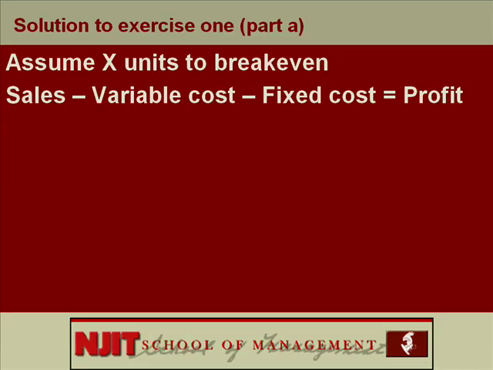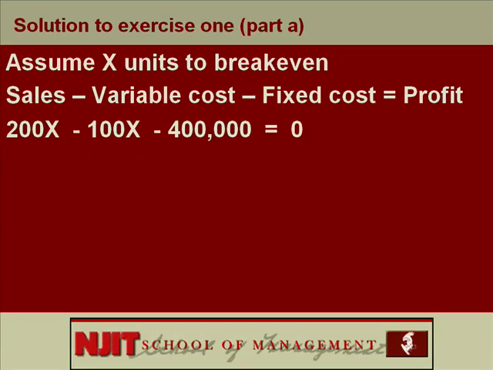So what's the sales revenue? It's $200 per unit. So for X, the sales revenue is 200X. The variable cost is $100 per unit, so X units is 100X. The fixed cost is $400,000. We're talking break-even point. The profit at break-even is 0.